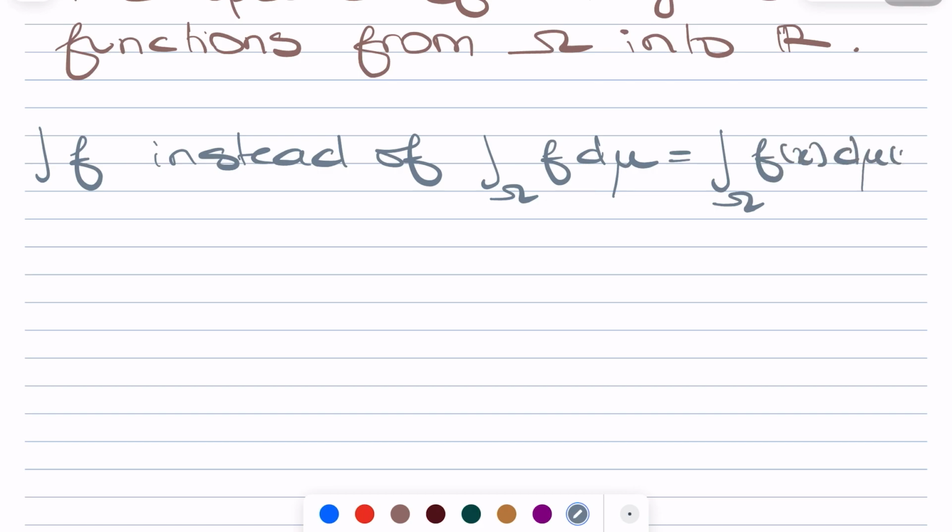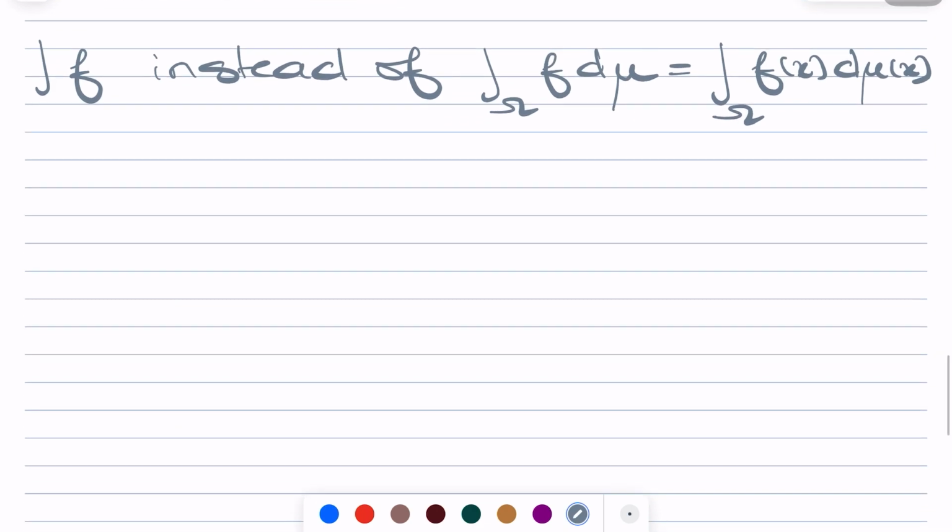And also when we write norm of f in L1 by norm of f_1, to refer to the L1 norm, this is nothing else, following the notation above, than the integral of the absolute value of f.